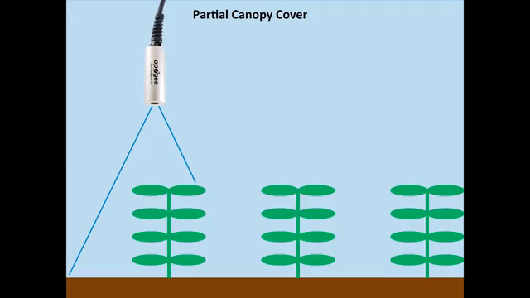One of the challenges of measuring plant canopy temperature with an infrared radiometer is the situation where plant canopy doesn't occupy the entire field of view. Shown here in this example, plant canopy occupies part of the field of view, but the radiometer is also seeing some soil.